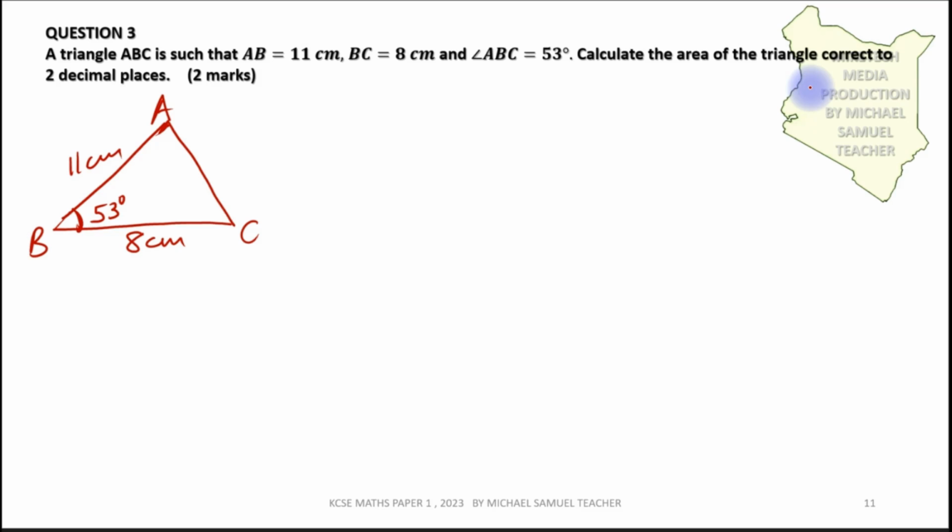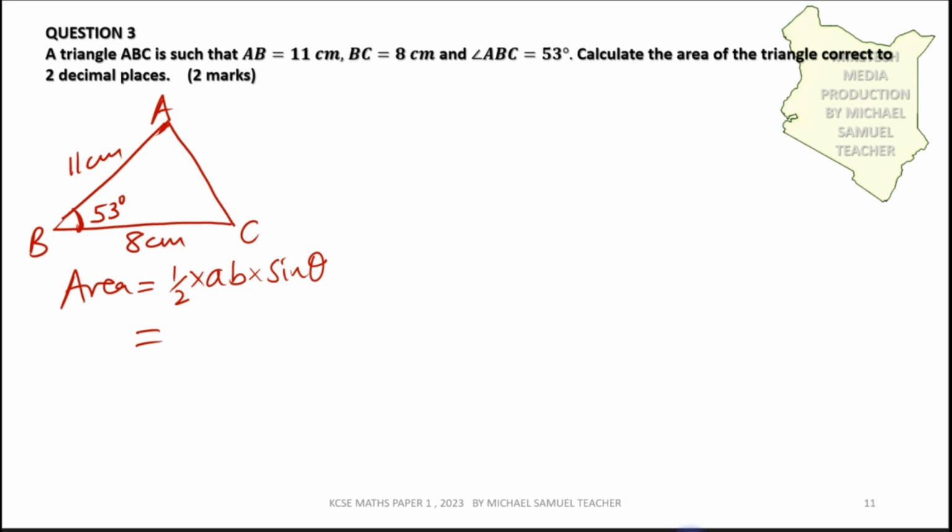So we know there are different formulas for calculating the area of a triangle, but which one will be more applicable? For this one, the area will be given by a half times 2 sides, AB, times sine theta, where theta is the angle between the two known sides.